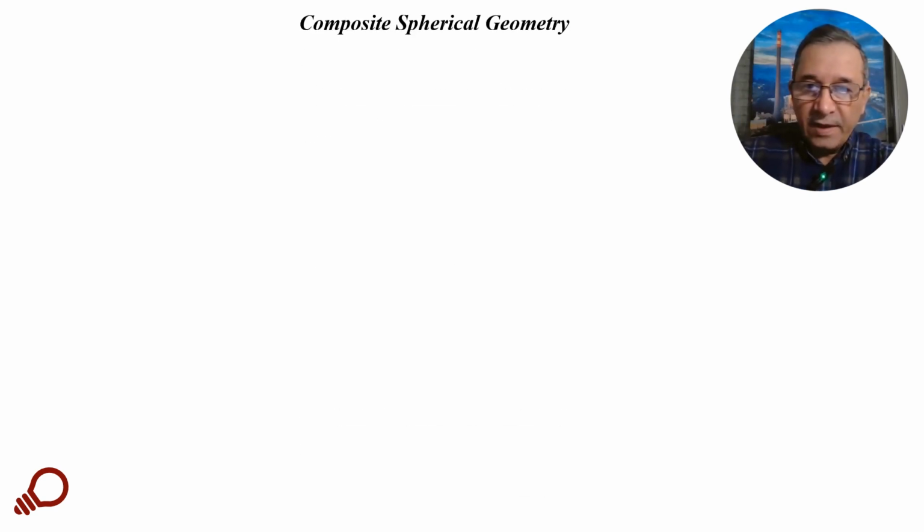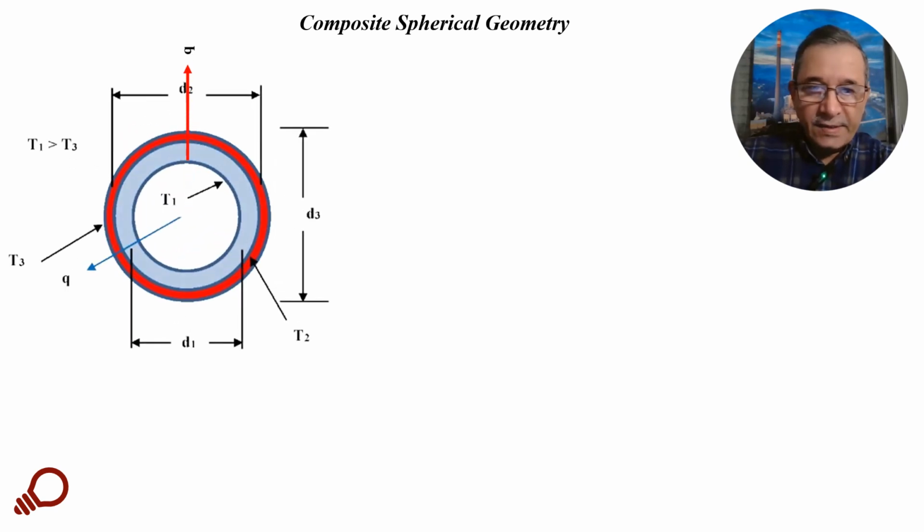Now, let us focus on the composite spherical geometry. In this figure, we have a sphere with a diameter of D1 and the external diameter D2, covered with another layer such as insulation with the specified thickness to compose an external diameter D3.